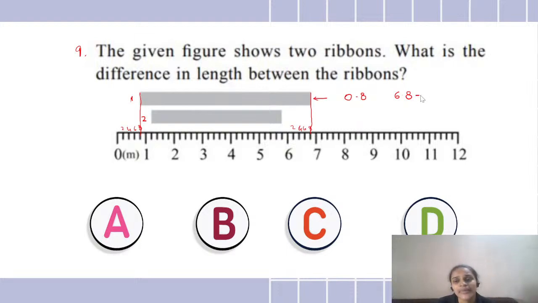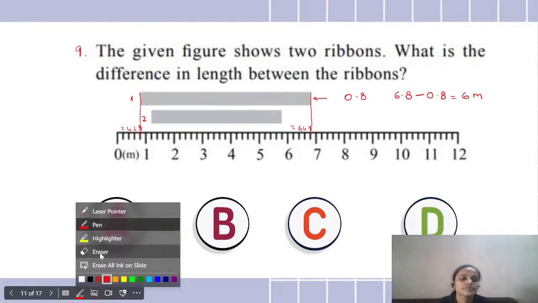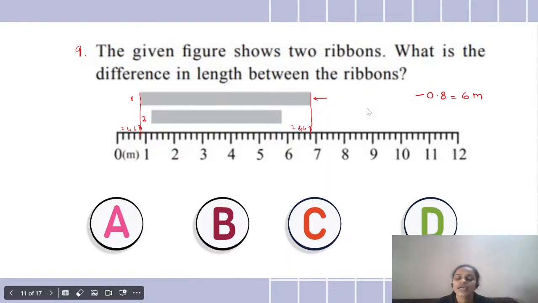I have to simply subtract 0.8 from 6.8, which gives me 6 meters. How did I get that? Because here it ends at 6.8 and it starts at 0.8.